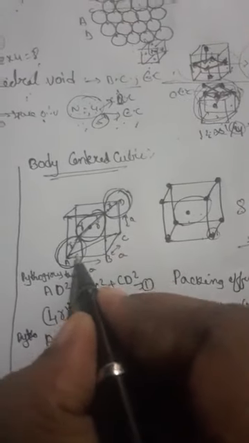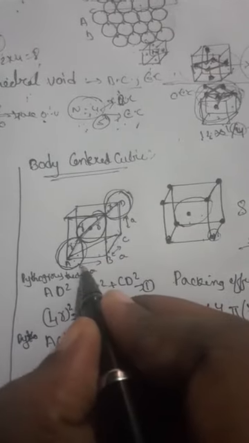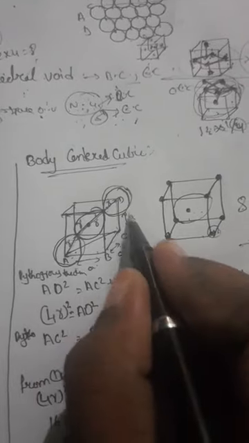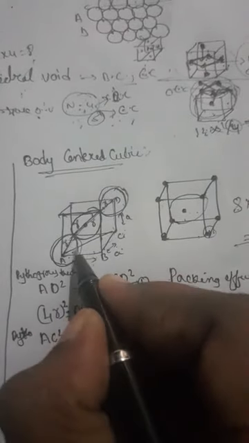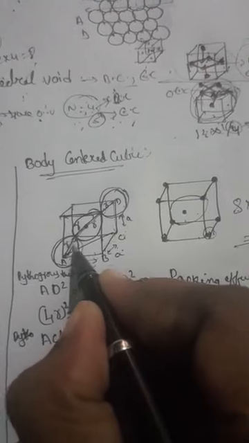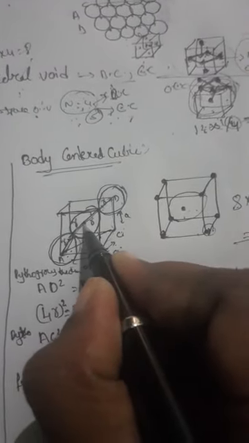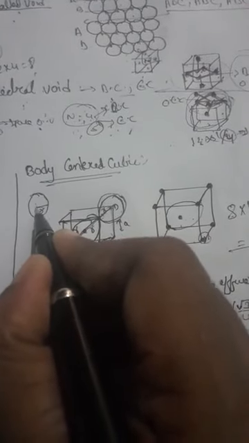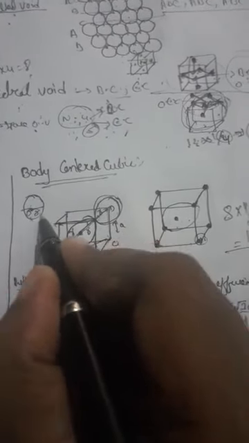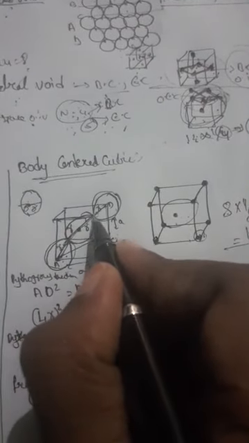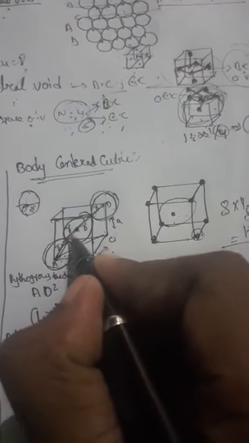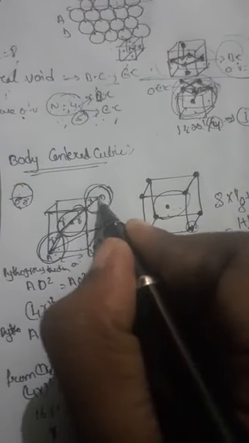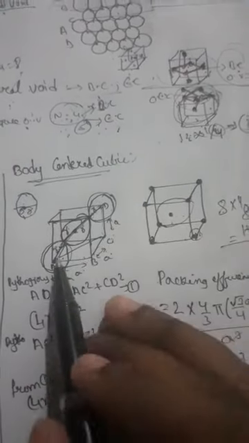Okay, so let us take A, B, C, D. This is edge length A, as I told you, BC edge length A, CD edge length A. So here, half of the distance if I consider, this is R and this other half. Let us take a sphere. This half you will get R, and from this half you will get R. Yes or no? In the same way, if I am taking a full sphere, for this half I am getting R, for this half I am getting R.